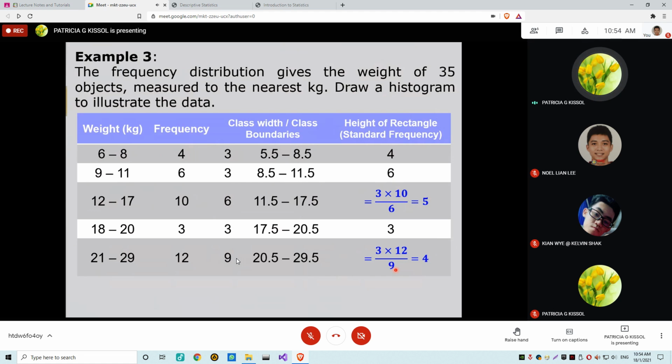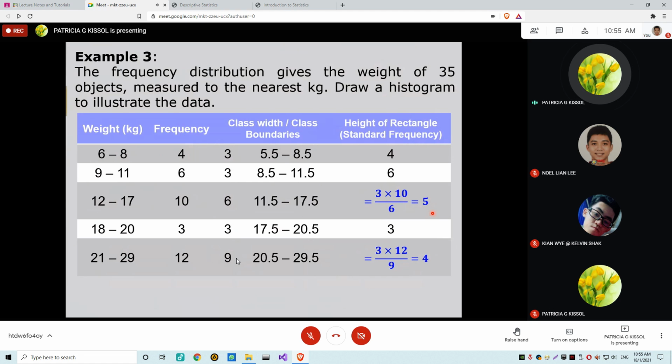In case the frequency distribution given to you is not the same size, like here you got 6 and 9, they are not the same, whereby the common one is the size 3. The common one with the size 3, no change. But the ones with a different size, you have to do extra calculation such as this.